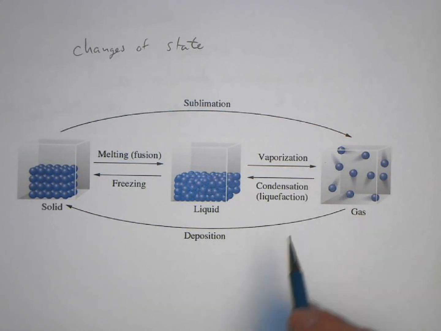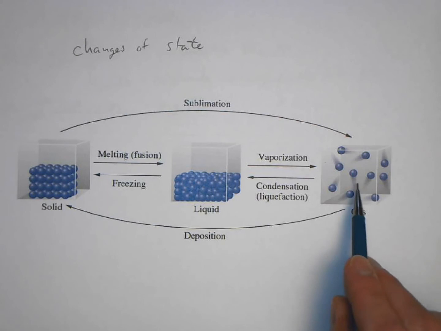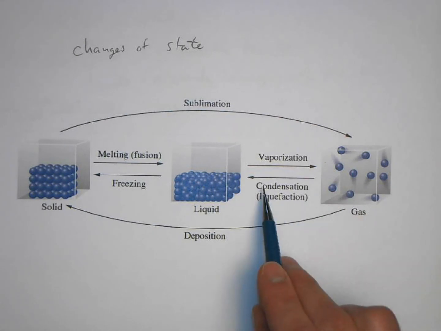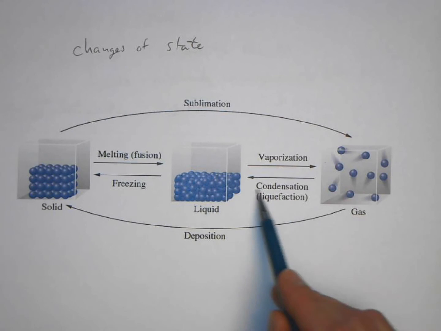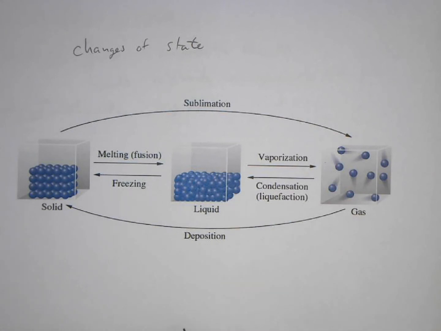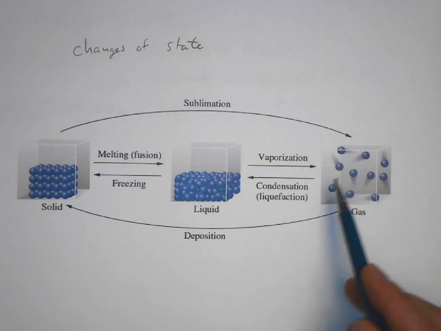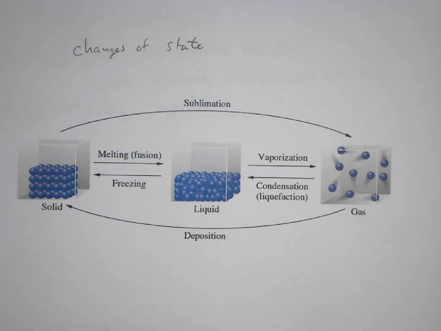We can go in the other direction. We can take a gas, condense it, and it becomes a liquid. If you have a cold drink on a humid day, there's condensation that occurs on the glass. So the gaseous water from the atmosphere is condensing into a liquid onto your cold glass.